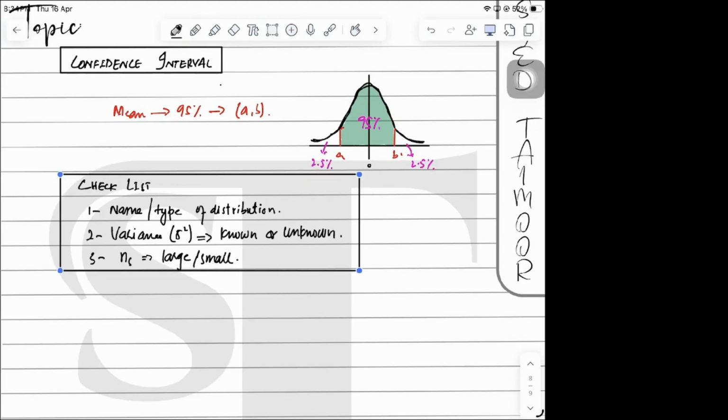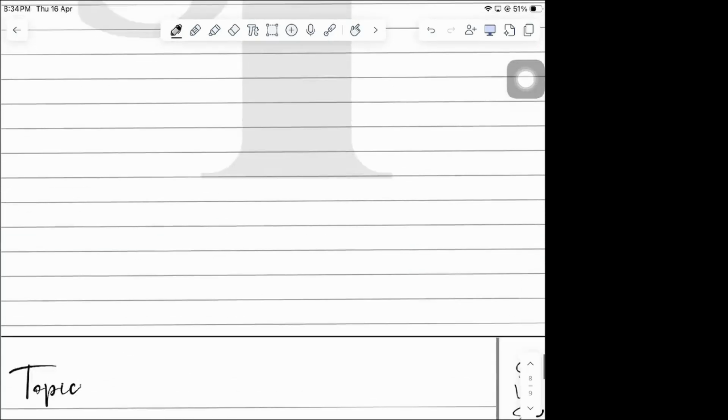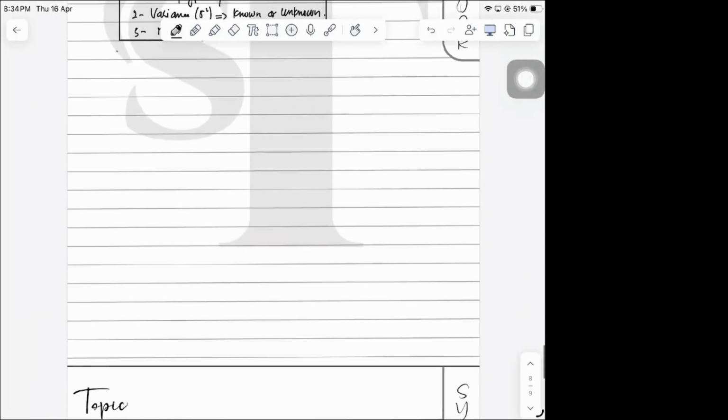So when you are dealing with this, first you need to make the checklist, and then this checklist leads you towards some important things which I'm going to write. I need a full page.